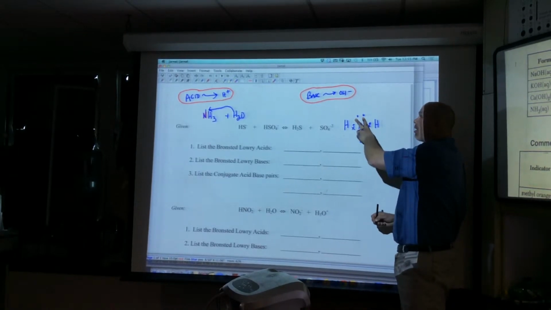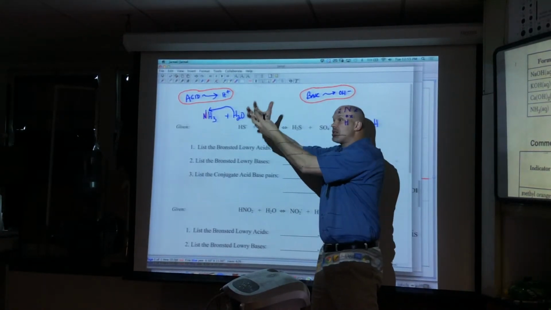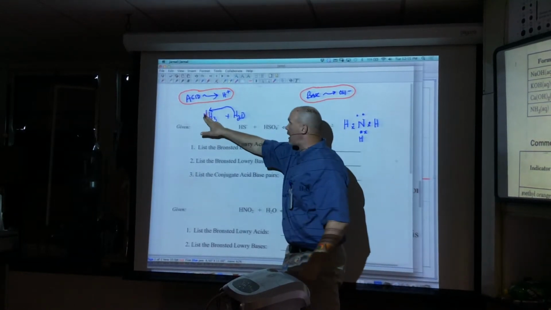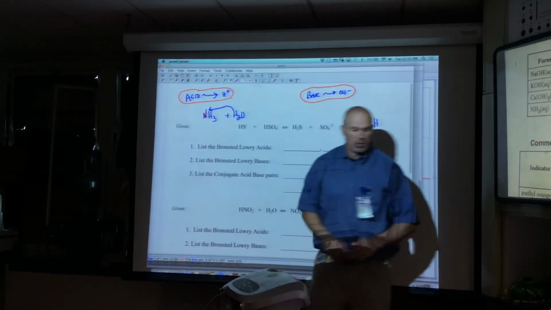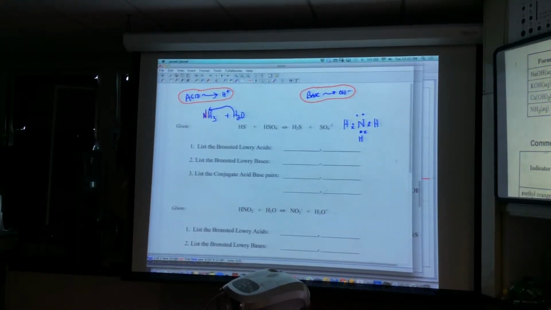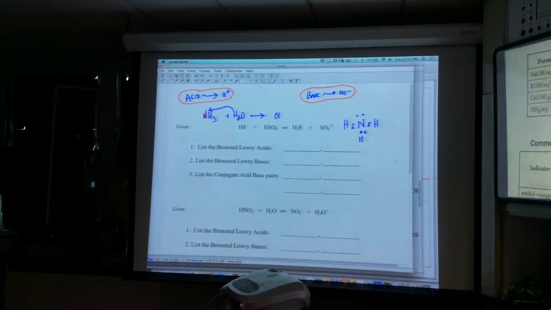So it has a stable 8, which means it's got a lone pair. That lone pair attracts the H's from the water and can pull an H from the water. So this N with a lone pair yanks an H from the water, and the water becomes OH minus. And the ammonia molecule has one more H, becoming NH4 plus.